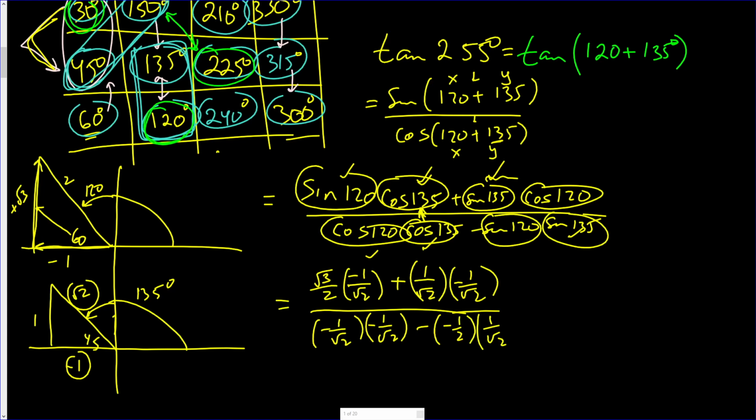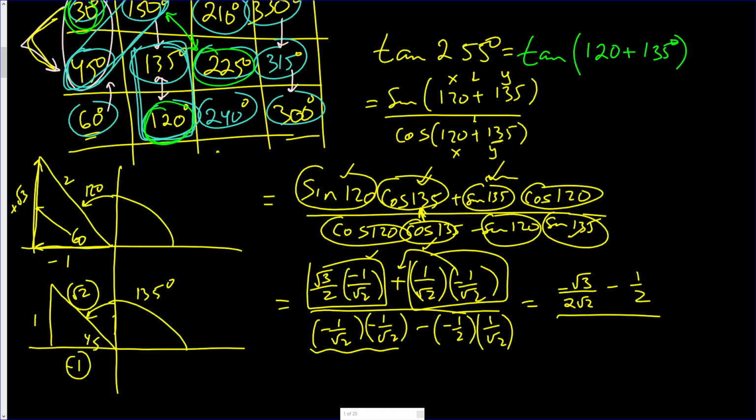Okay, let's work this out. This product is negative the square root of 3 over 2 square root of 2. This minus will make this subtraction, and this product is 1/2. In the bottom, negative times negative is positive, and our product is 1/2. I can change both of these, and I get 1 over 2 square root of 2. The LCM is 2 square root of 2. Now multiply the top and the bottom by that.